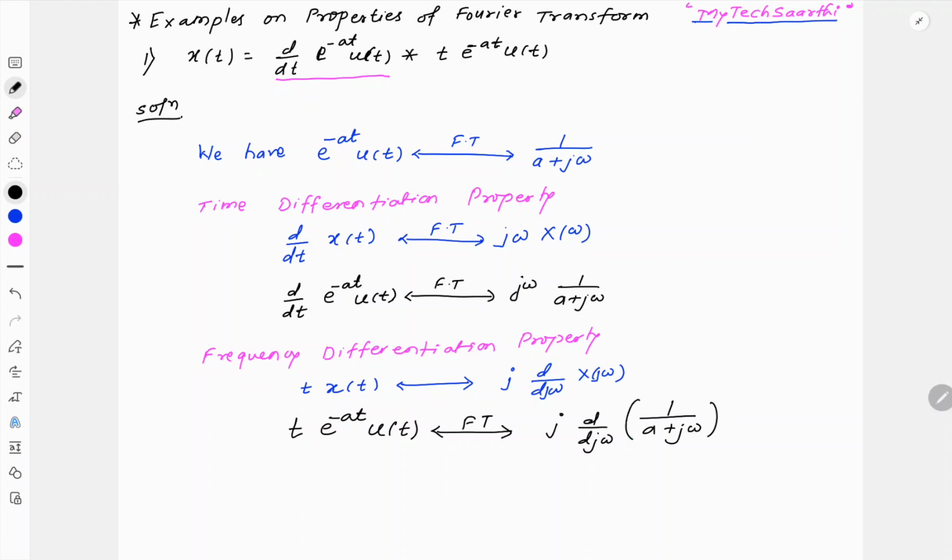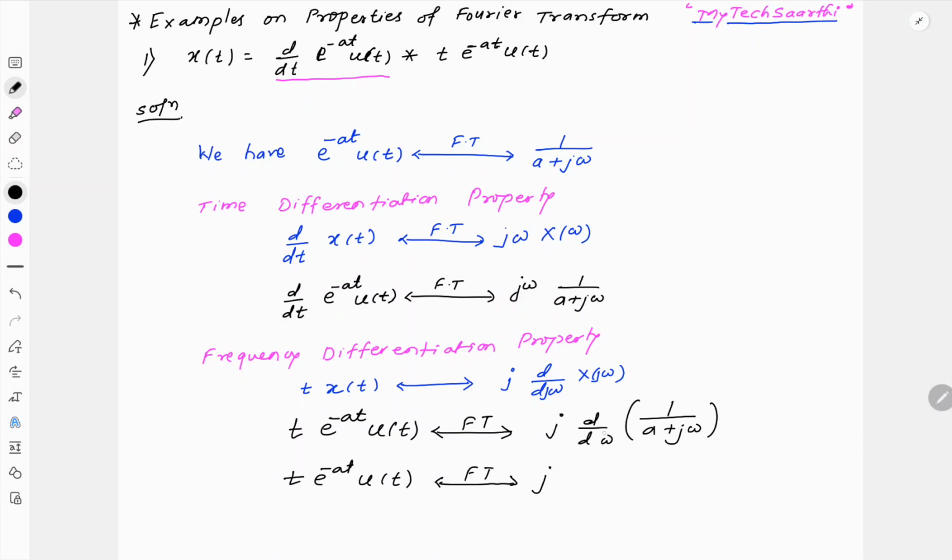If we simplify it, t into e raised to minus at u of t has Fourier transform j as it is, now d by d of j omega of 1 upon a plus j omega. Here the differentiation is simply with respect to omega, not j omega.